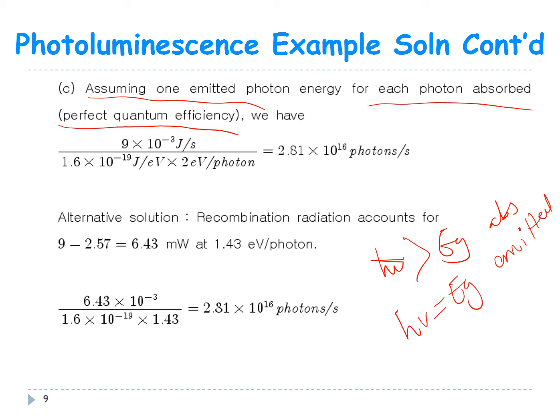So if we assume perfect quantum efficiency, what we simply do is convert our energy to electron volts, and then we divide by the amount of energy that every photon gives.